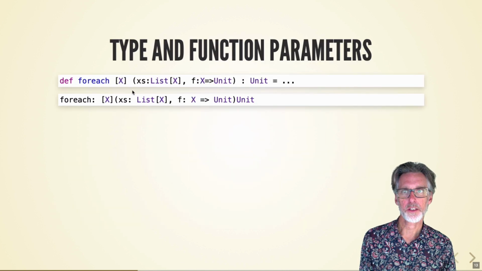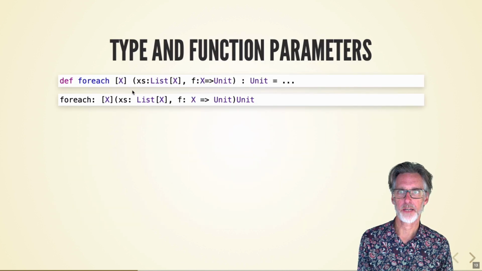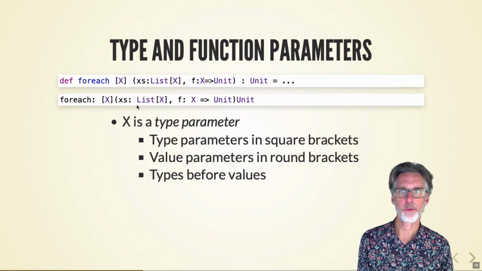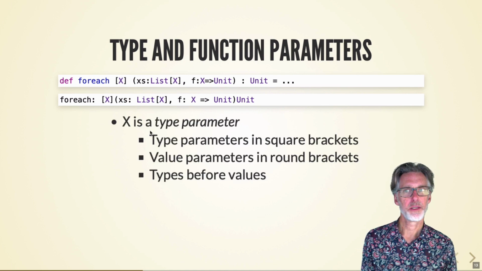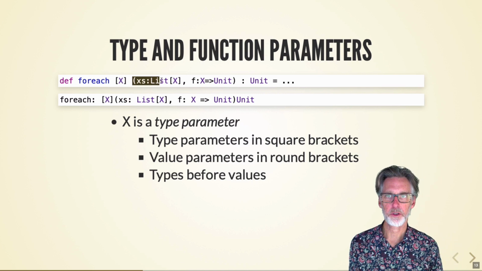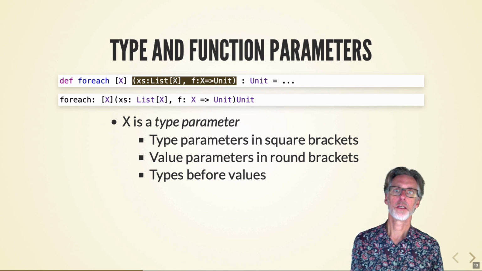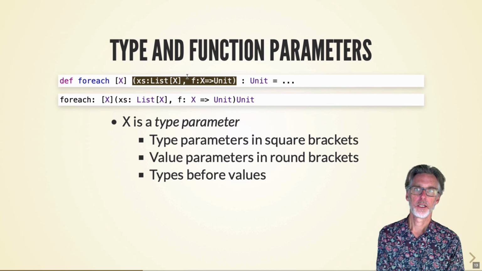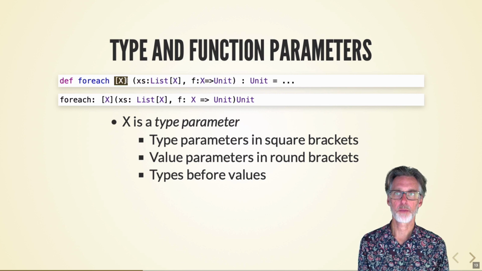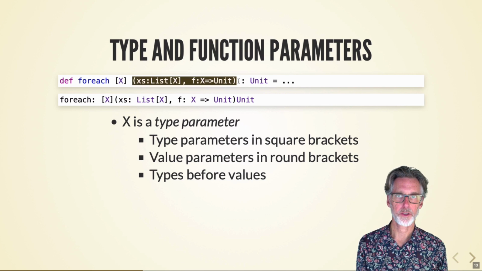So what I've got are type and value parameters that I put on my FOREACH function. The type parameter x is written in square brackets, whereas the value parameters here, xs and f, are shown in round brackets. We always put type parameters before the value parameters.